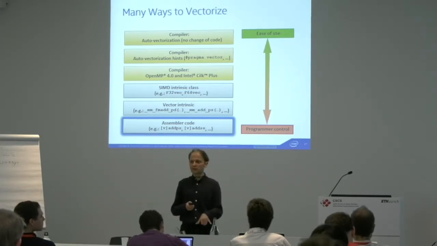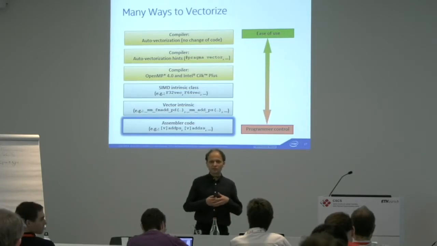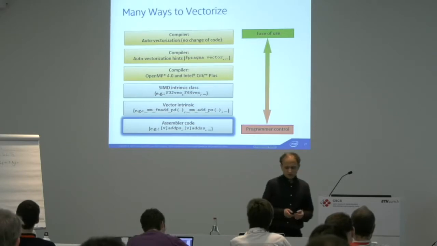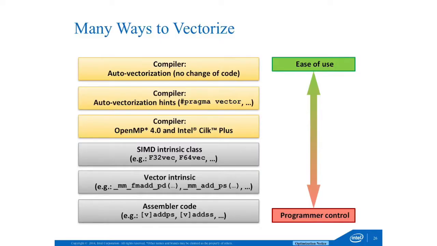You can stuff it into scalar functions, and you get kind of a vehicle to vectorize explicitly. On top of it, you have auto-vectorization hints, pragmas or directives, and even more on top, you rely entirely on magic like this auto-vectorization.